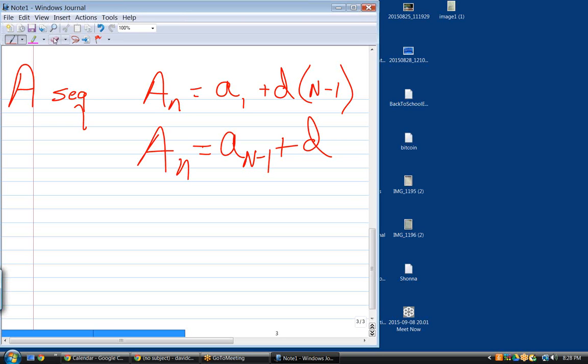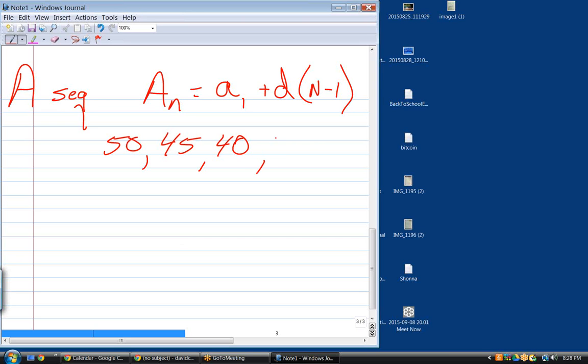Now, what specific problem do you have? Write the rule for the nth term in the sequence, then find a sub 25. Okay. So the first sequence is 50, 45, 40, and 35. So a sub 1 is, what's a sub 1?